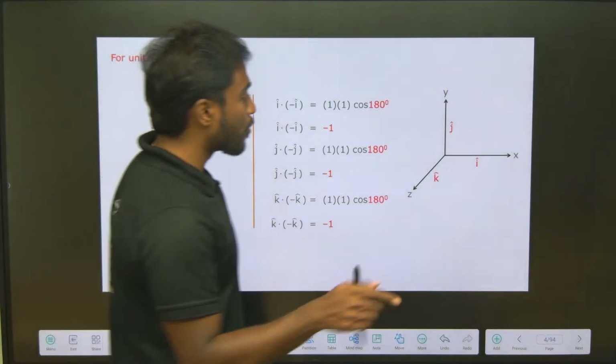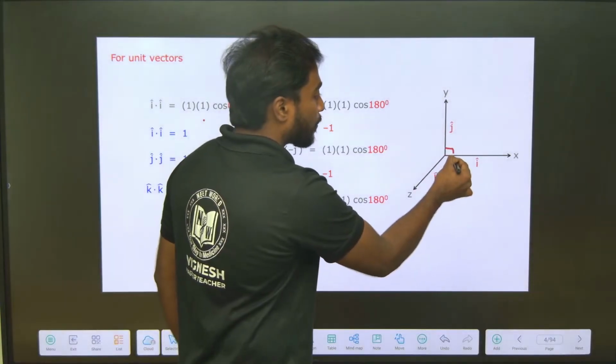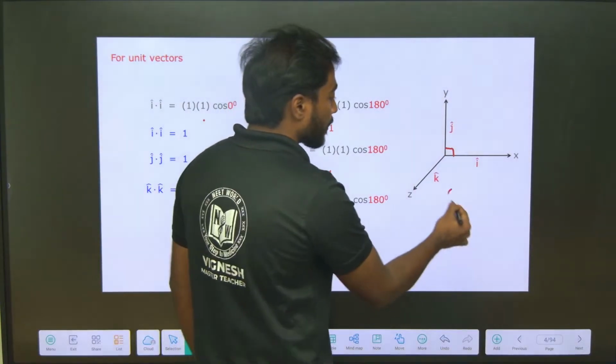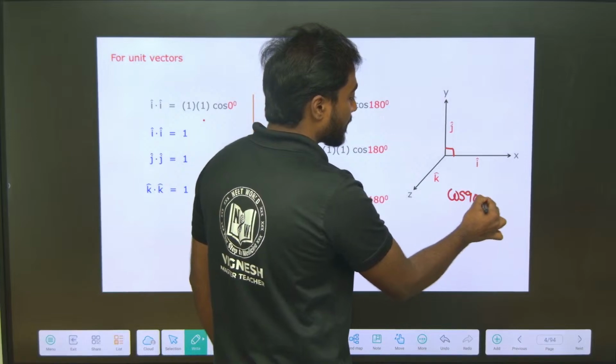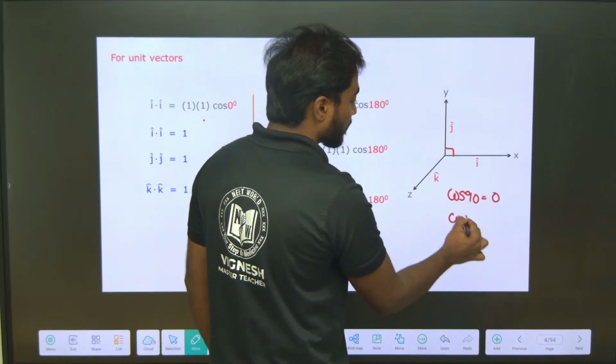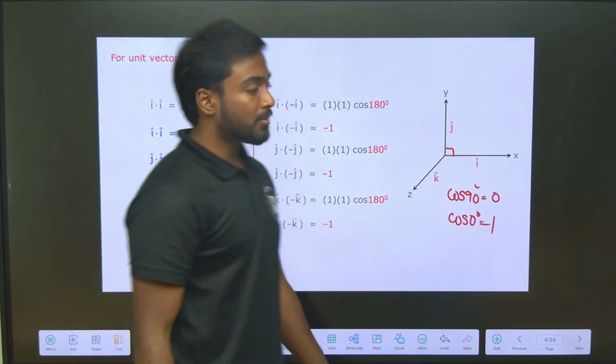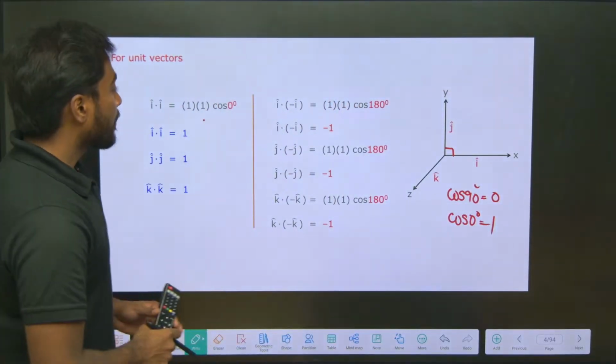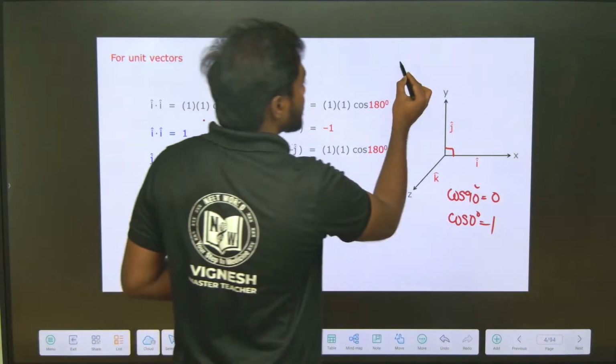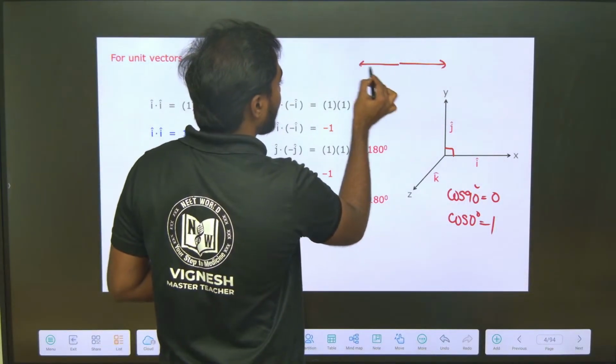But when I talk about i dot j, the angle between them is 90 degrees. Cos 90 will be equal to 0. Cos 0 will be equal to 1, right? So this is the thing I need to know. Now this is i cap and this is minus i cap.